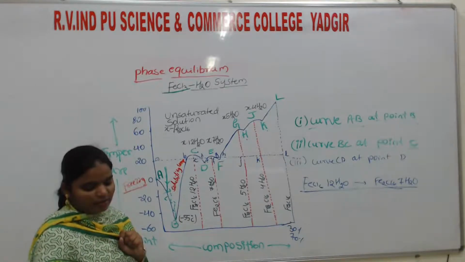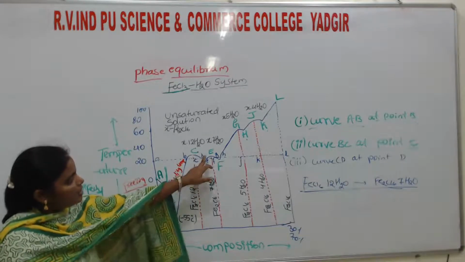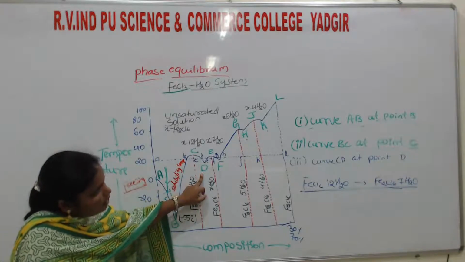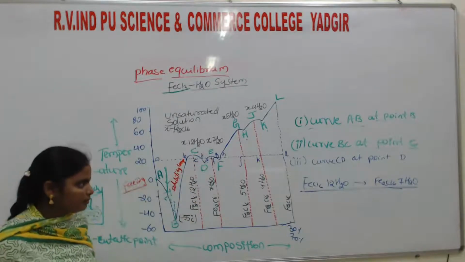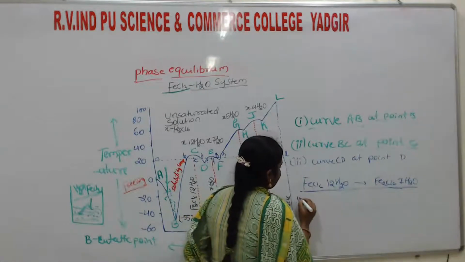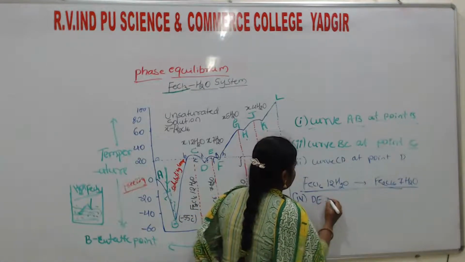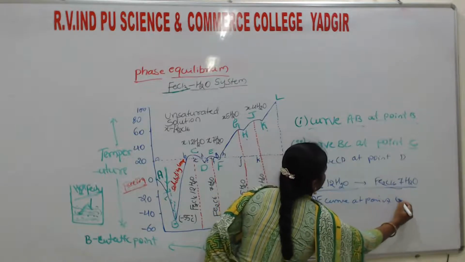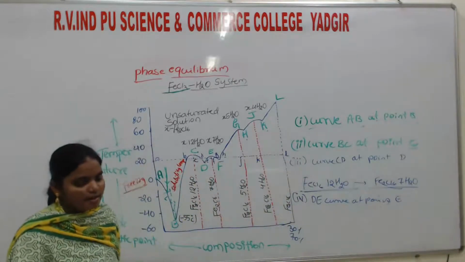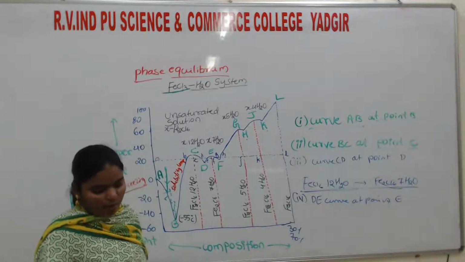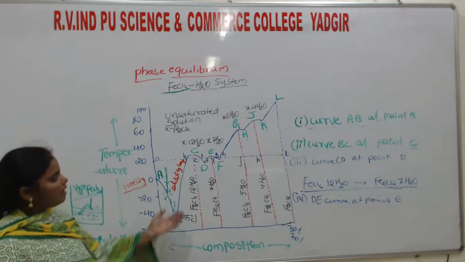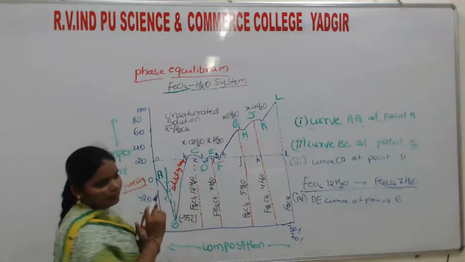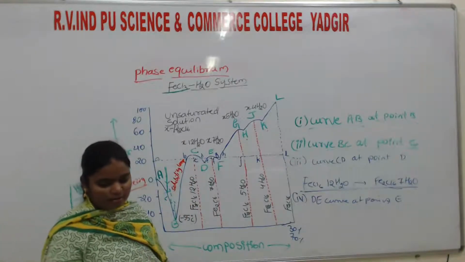Next, the CD curve is completed, and next is the DE curve, the fourth one, at point E. Like curve BC, the DE curve is similar to the BC curve.